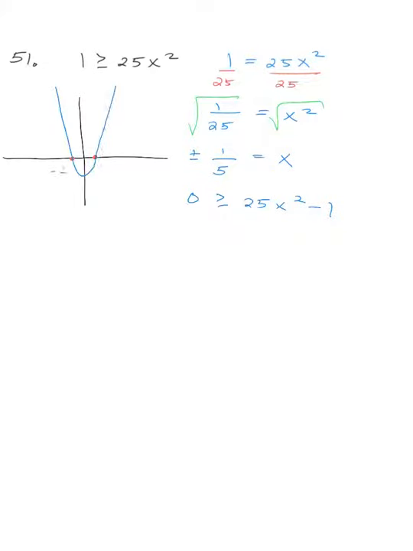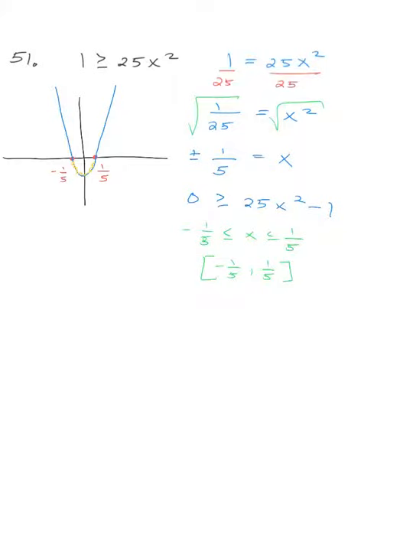I get negative a fifth and positive a fifth is where they're equal to 0. But the graph lower than 0 means I'm between the two values. So the solution here has to be between 1/5 and negative 1/5. And I'm including both of the endpoints, so here's my answer. Or if you'd like, negative 1/5 to positive 1/5.